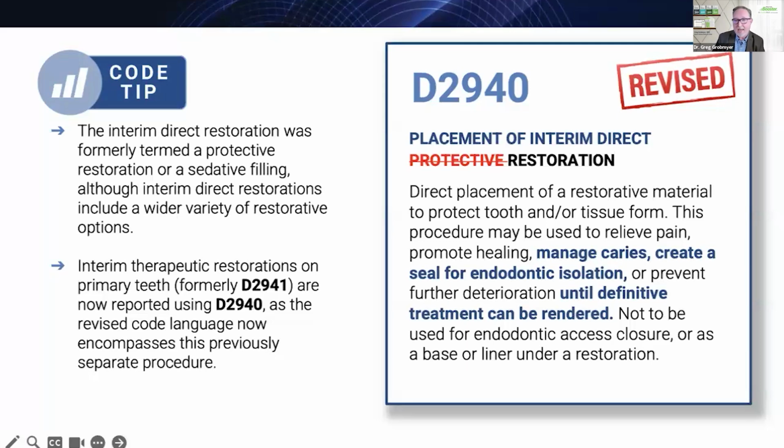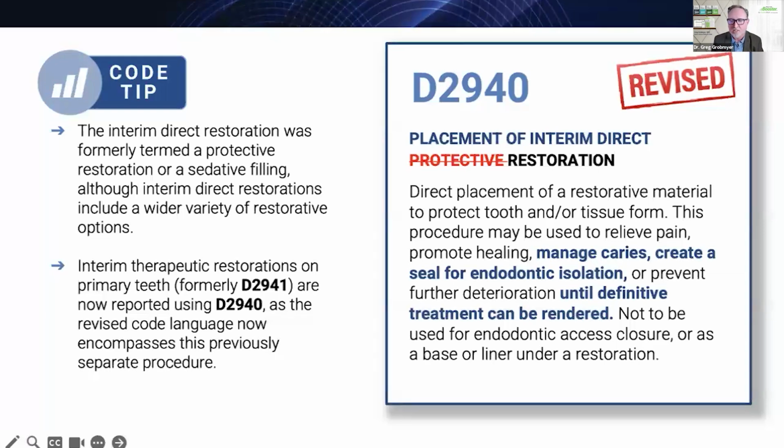In this case, they added some verbiage into the descriptor that said it's to relieve pain, promote healing, manage caries, create a seal for endodontic isolation, or prevent further deterioration until definitive treatment can be rendered. Okay, so that's just clarifying what an interim direct restoration is. That seal for endodontic isolation, that's building a wall.